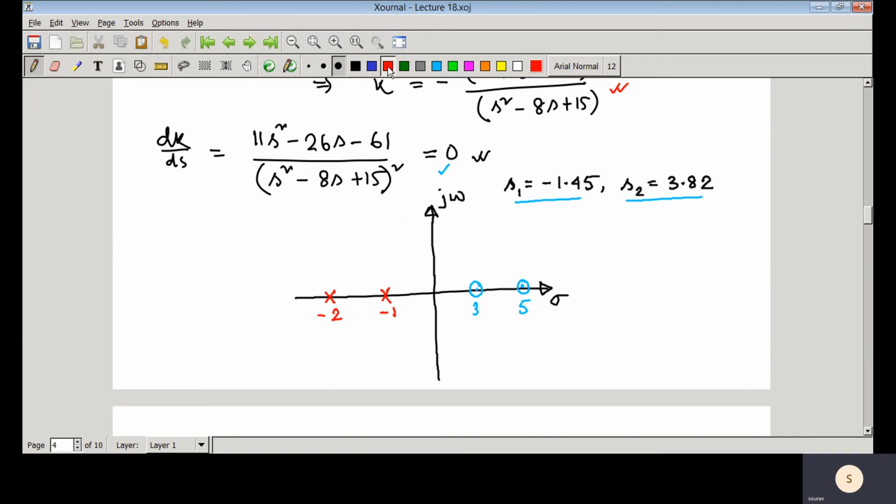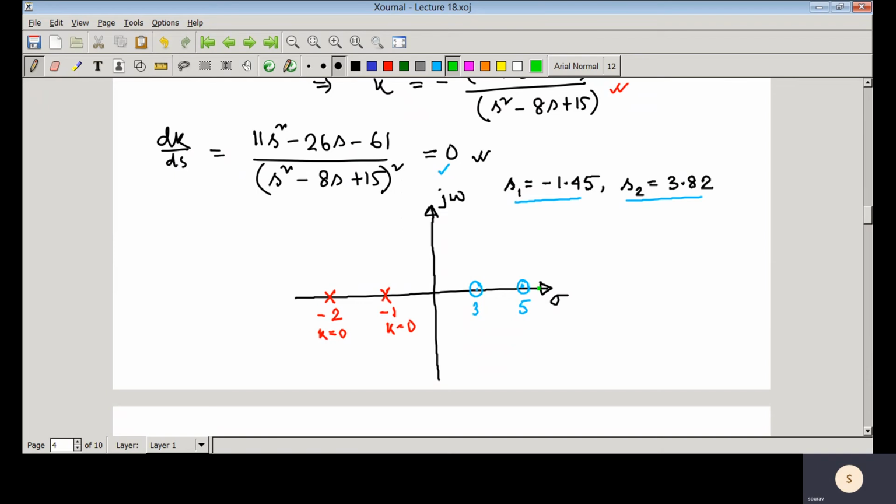We have already discussed that whenever K equals 0, the root locus starts at the open loop poles and ends at the open loop zeros.